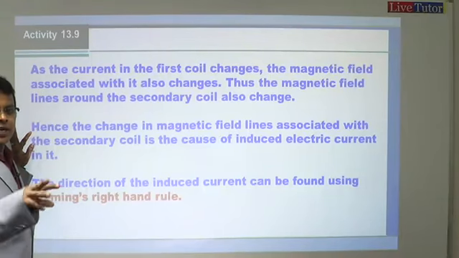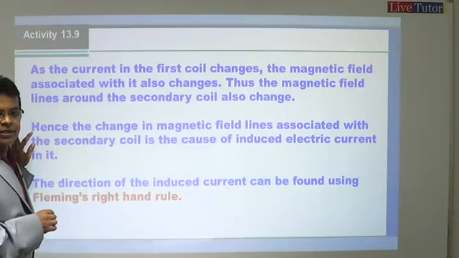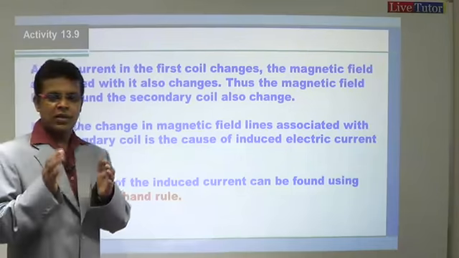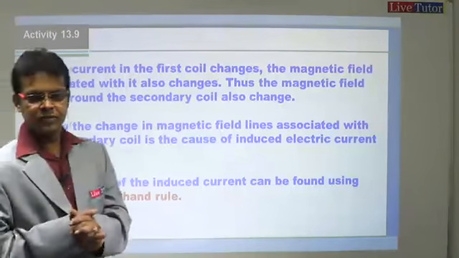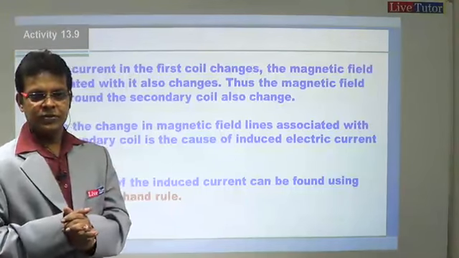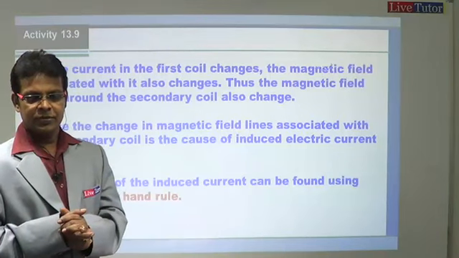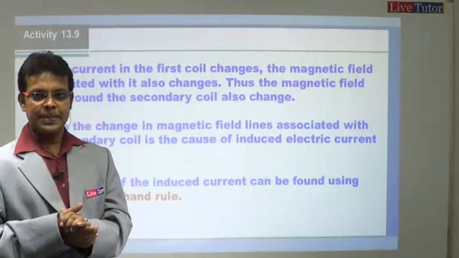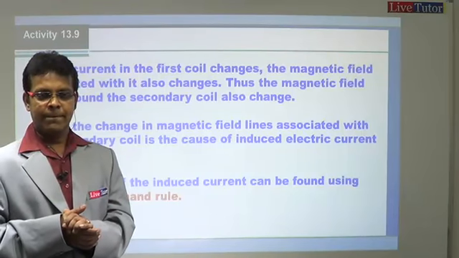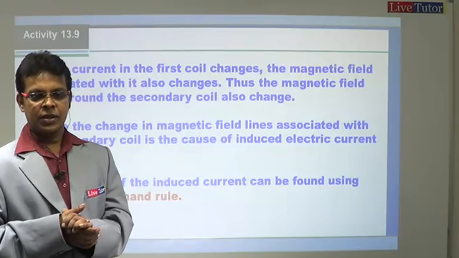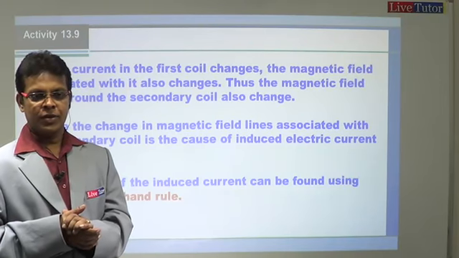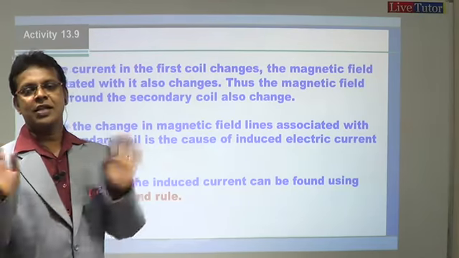Understand? In the left hand rule, what is the importance we have given? In Fleming's left hand rule, importance is given for force. Exactly. Now the importance should be given for the induced current.